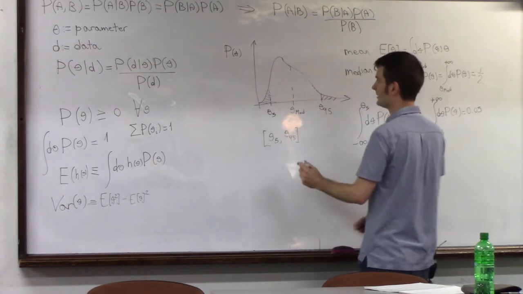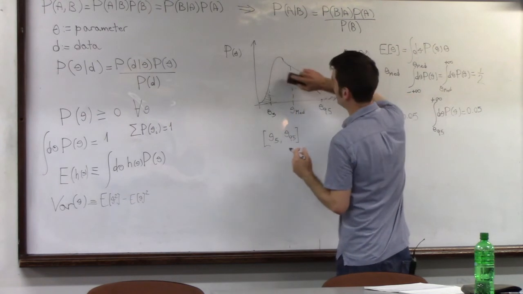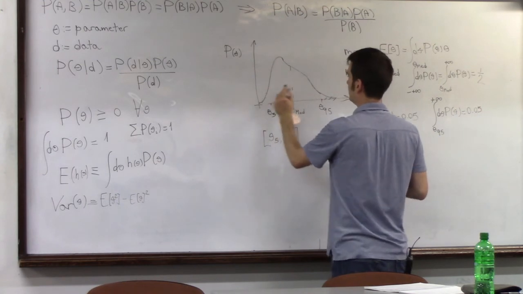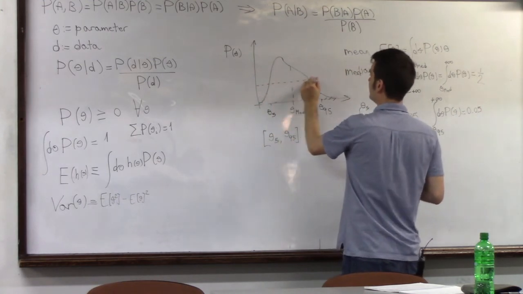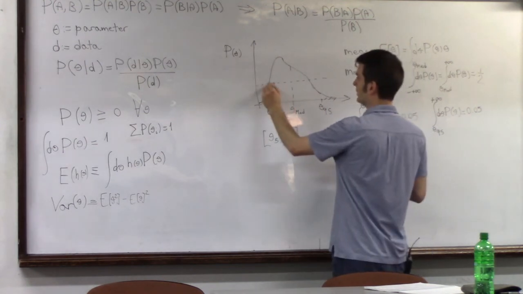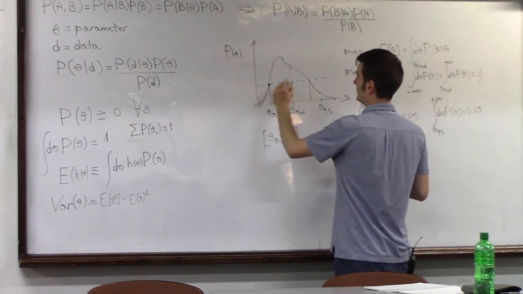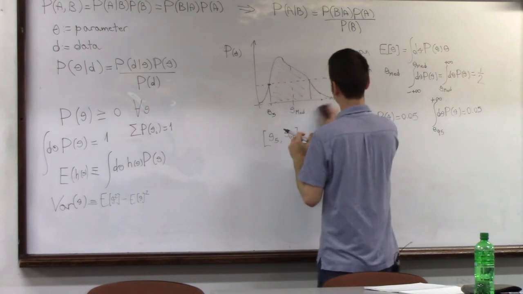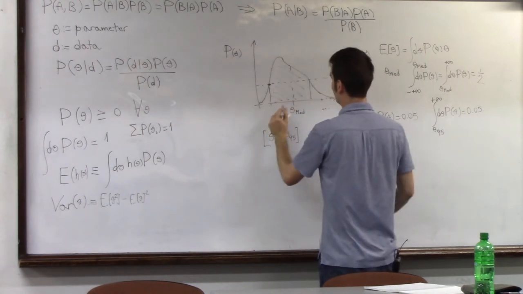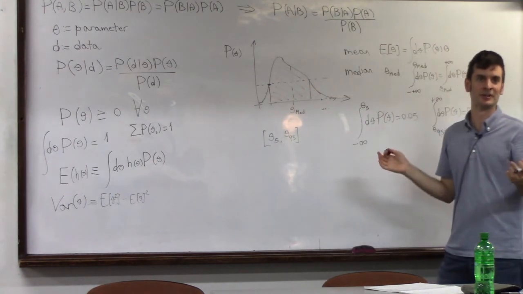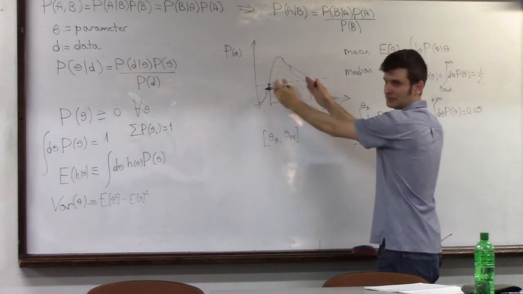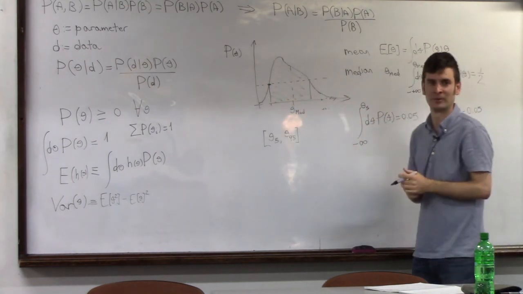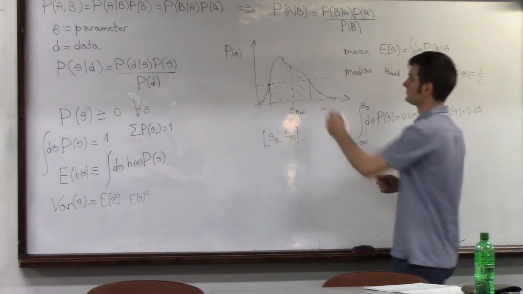Or one thing that we do, especially when we work in higher dimensions, is we look for the level at which the area underneath the points with probability above the level is some fraction of the total probability.